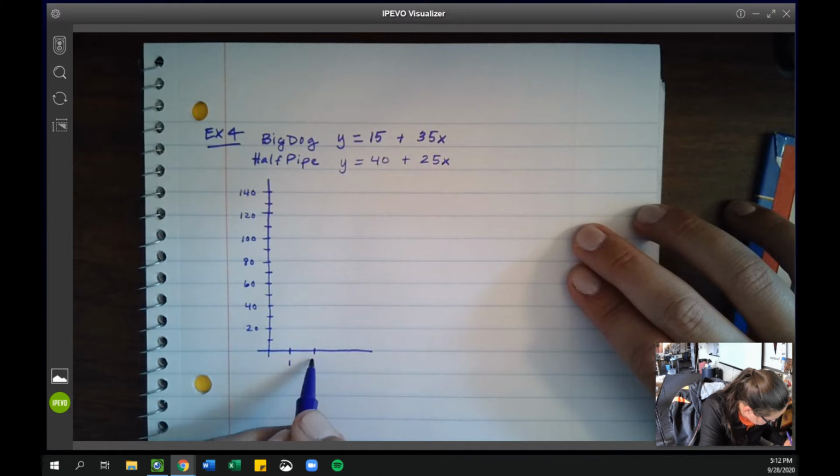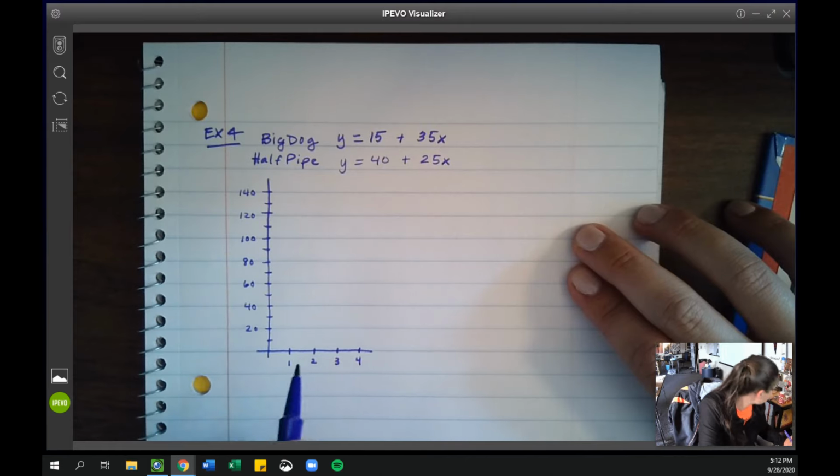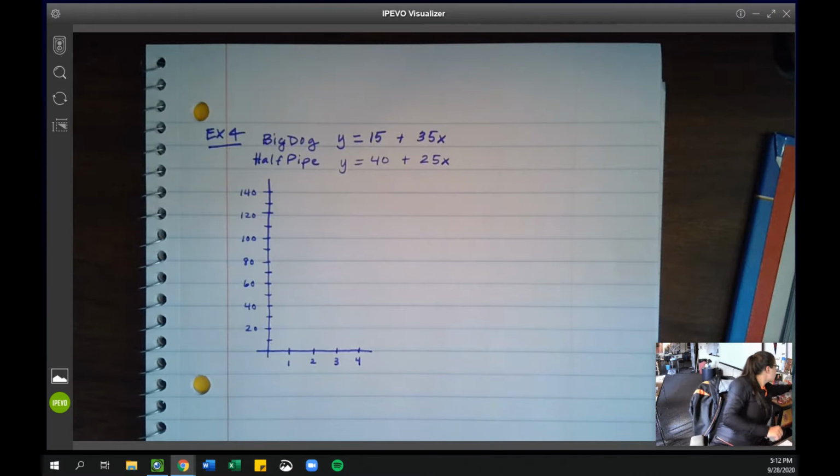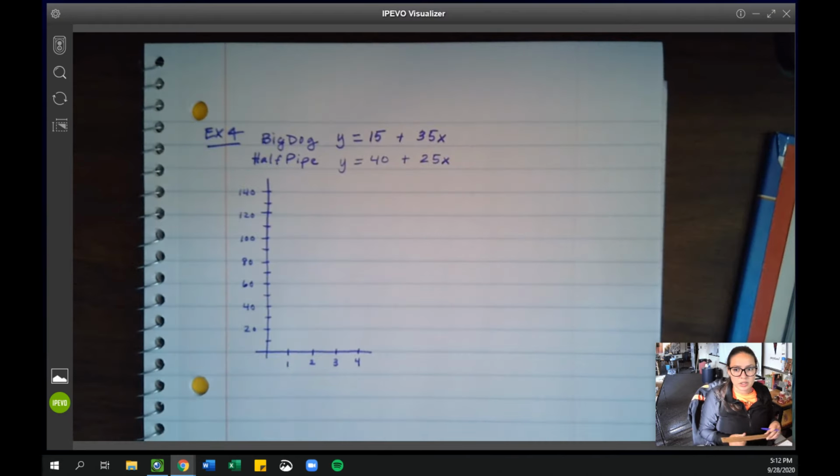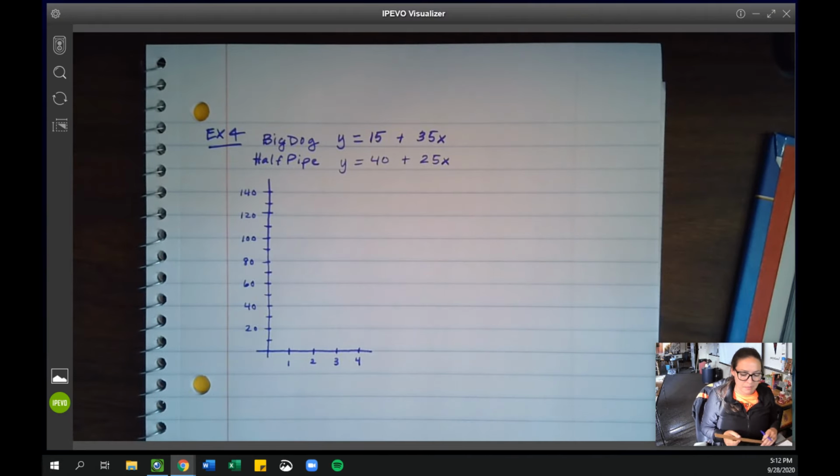One, two, three, 4. All right. I really like using a ruler when I'm doing these graphs, so that way we can be really accurate when we find the intersection.